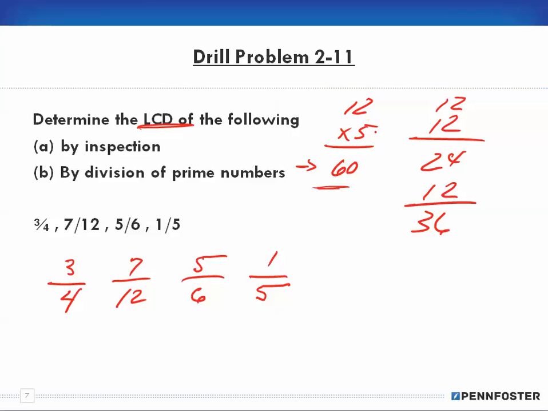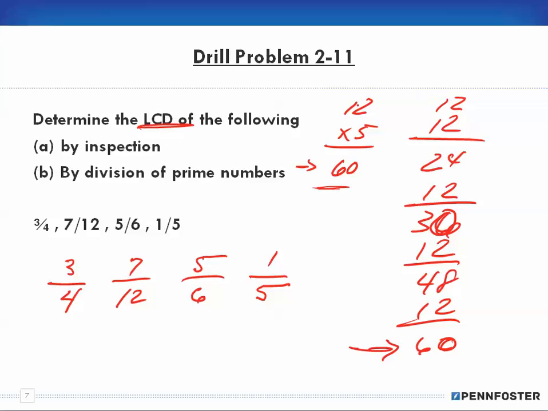Now, I realize 5 doesn't go into 36, but let's say that whatever numbers I was adding up, I ended up with 30, and 5 can go into 30. Oh, well then I would use 30 as my lowest common denominator. So to a certain extent, you do need to work through the iterations of adding the 12 as many times, the 5 times, in order to end up with your lowest common denominator of 60.